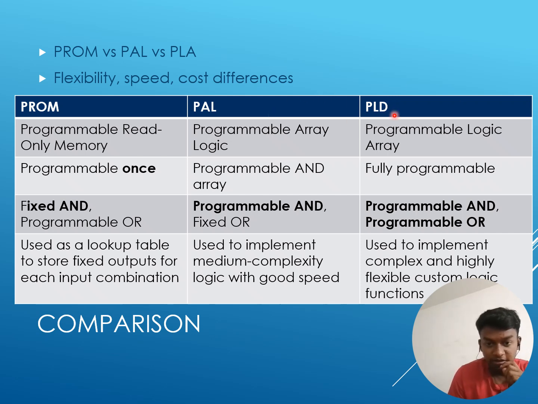The flexibility, speed and cost also vary among these three. The flexibility of PROM is very low, PAL has moderate flexibility, and PLA has very high flexibility. Cost-wise, PROM is much less costly than both of them.